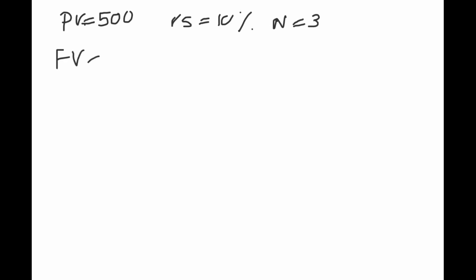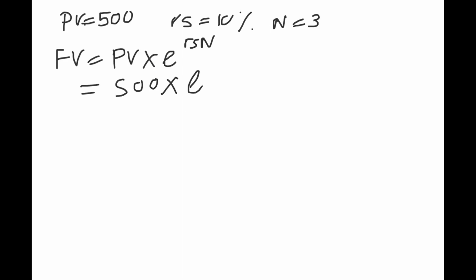Future value equals present value multiplied by e to the power of rn. So 500 into e, that is shift ln, to the power of 0.10 into 3.